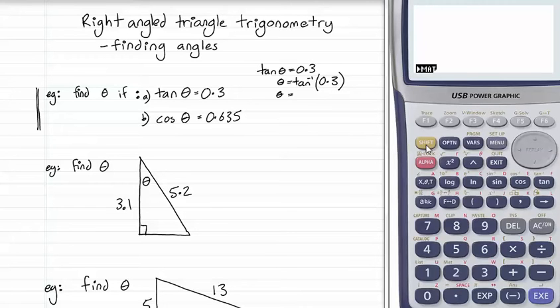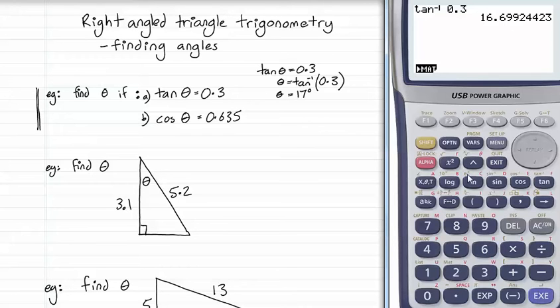That's all we need to do. So second function or shift and tan, and you'll see tan -1 and 0.3 equals, and it gives me the angle. Now we always round angles to the nearest degree, so that means 17 degrees.